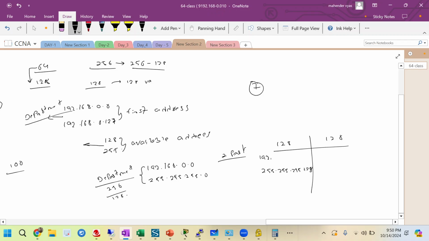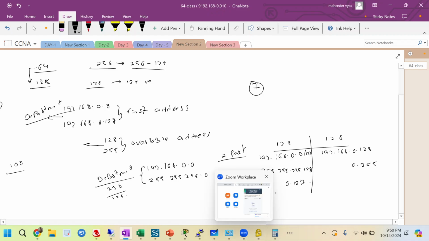Now the new address would be 192.168.0.0 to 0.127. The next address would be 192.168.0.128 to 0.255. Is it clear? Yes, it is clear now.